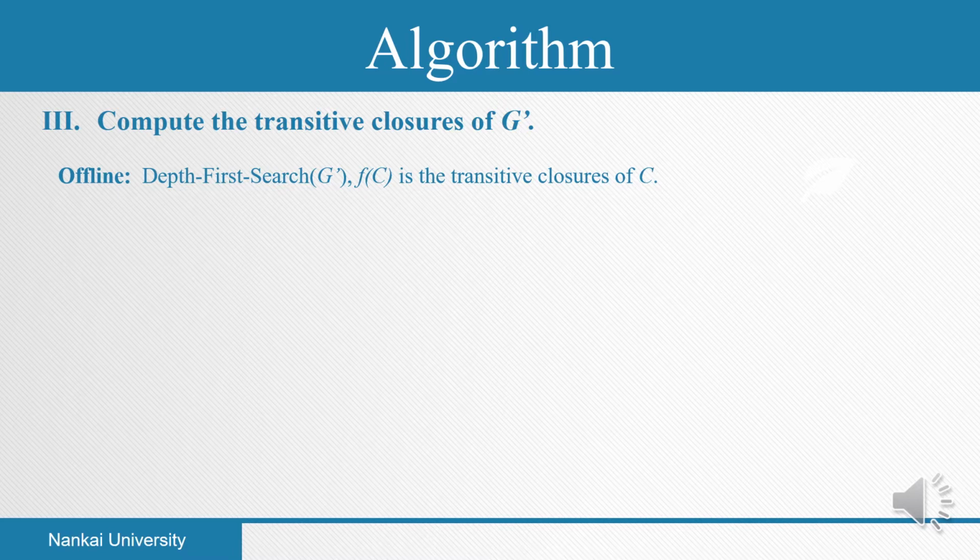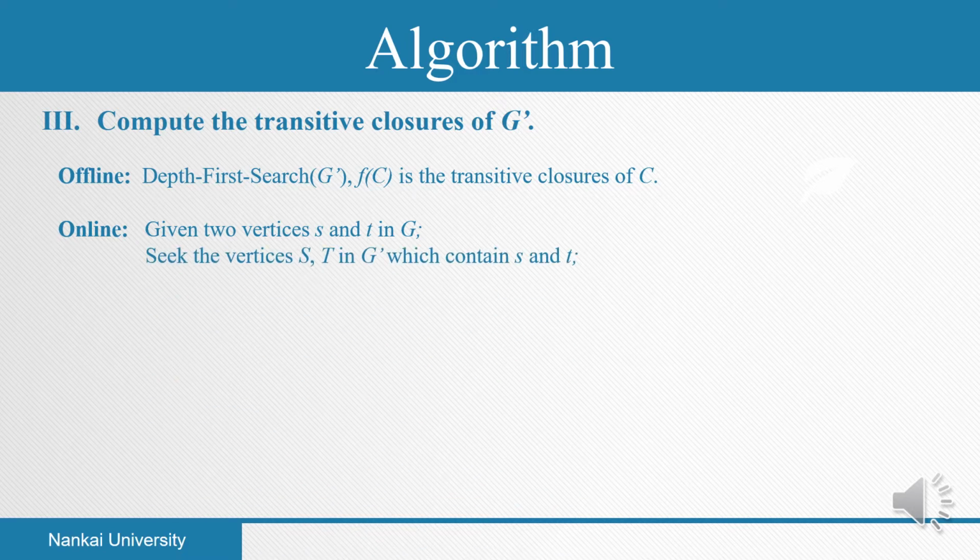We let F(C) be the transitive closure of C. At query time, given two vertices S and T in G, we first seek the vertices in G' which contain S and T. If S is the same vertex as T, then we return true, which means S and T can reach each other.